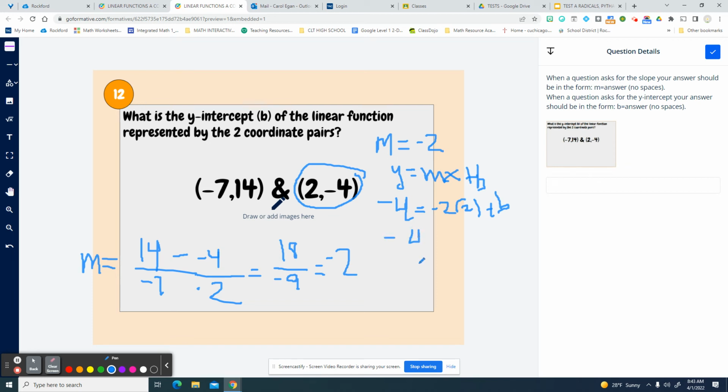So -4 equals -4 plus b. When I add 4 to both sides, I'm going to get 0 for b. And that's okay. It's okay to have a 0 at b. Remember, that's a direct variation. It means it's going through the origin, right? So my b would equal 0. That's how you do it from 2 points.